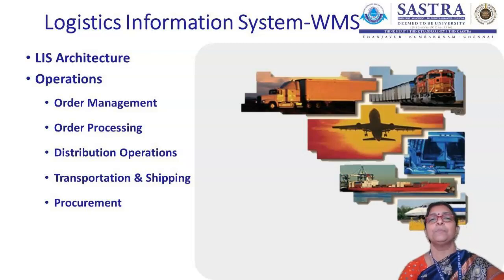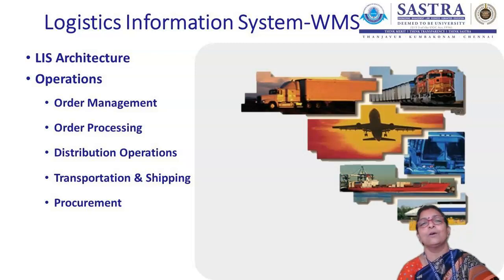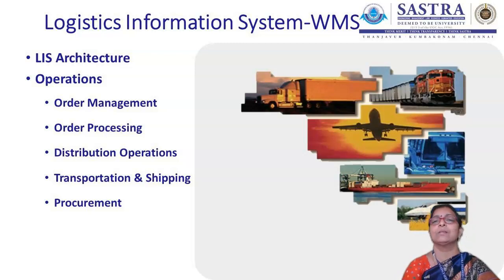Then distribution operations. There's also another important area under our logistics information system. It incorporates LIS functions to guide the distribution center's physical activities: product receipt, material movement, storage and order selection. Distribution operations are often termed inventory control or warehousing system.